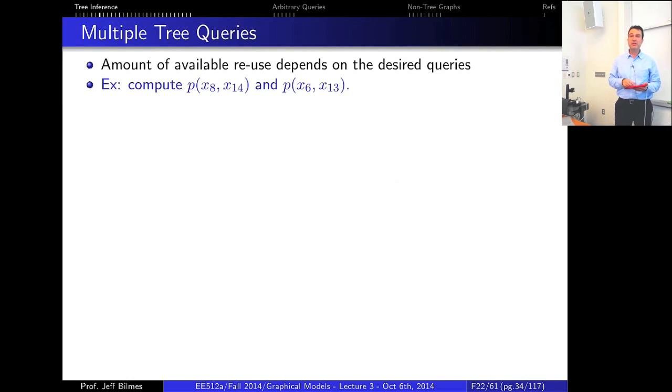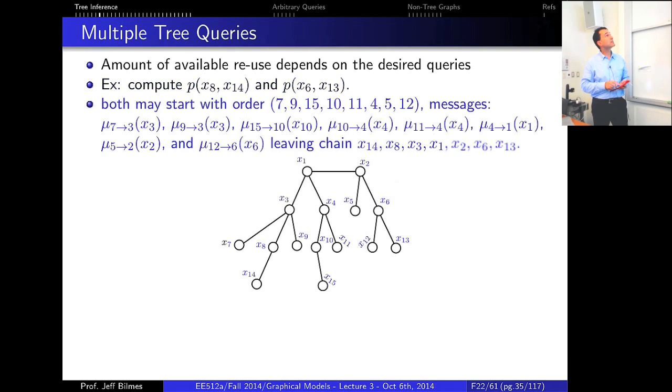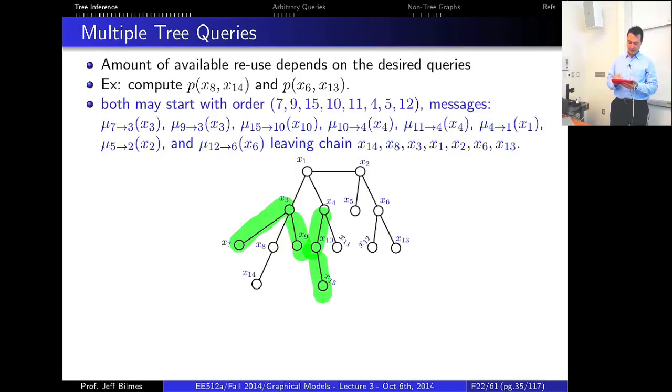Like, for example, if we wanted to compute the marginal over x8, x14, and over x6 and x13, we could start with the order that says, OK, we'll first eliminate x7, and then x9, and then x15, and then 10, and then 11, and then 4, and then 5, and then 12.